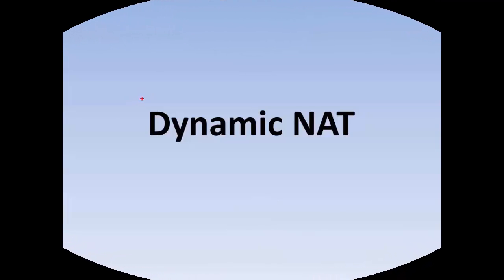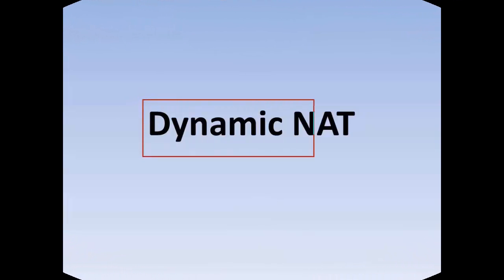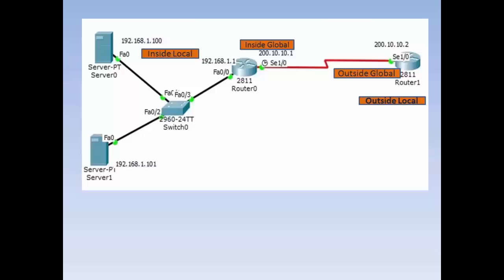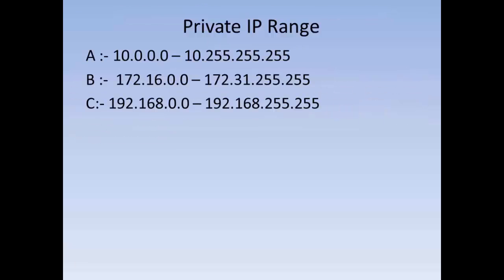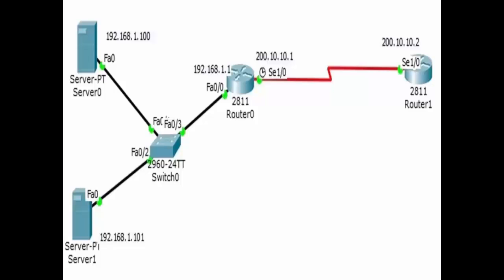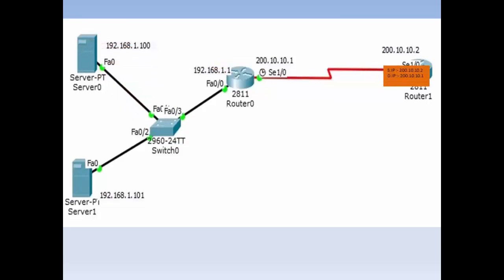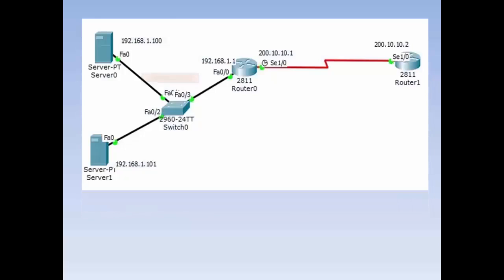In this video I'm going to demonstrate dynamic NAT. In my previous video I explained what NAT is, private IP series, how we can configure it, and the different types of NAT: static NAT, dynamic NAT and PAT.